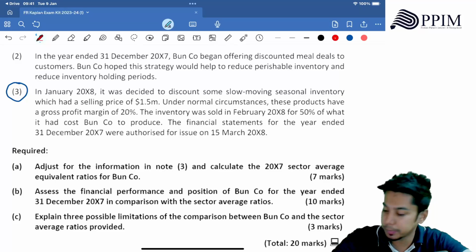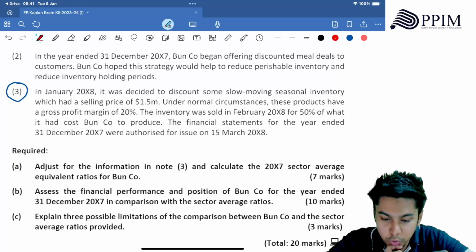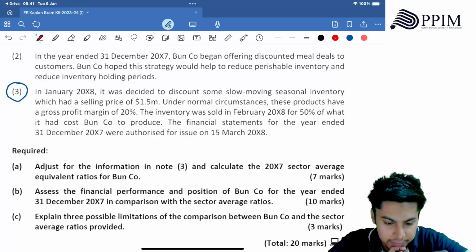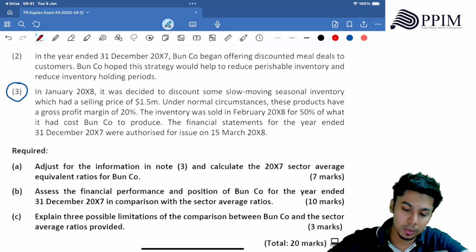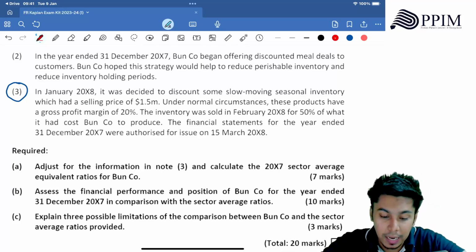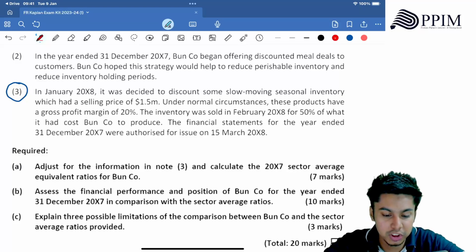Now, look at what's happening here. In January 2008, it was decided to discount some slow moving seasonal inventory which had a selling price of 1.5 million. Under normal circumstances, these products have a gross profit margin of 20%.